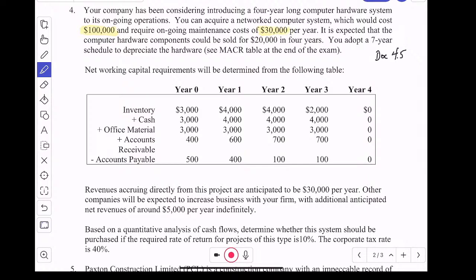What is $100,000? What do we call that? How do we refer to the $100,000?